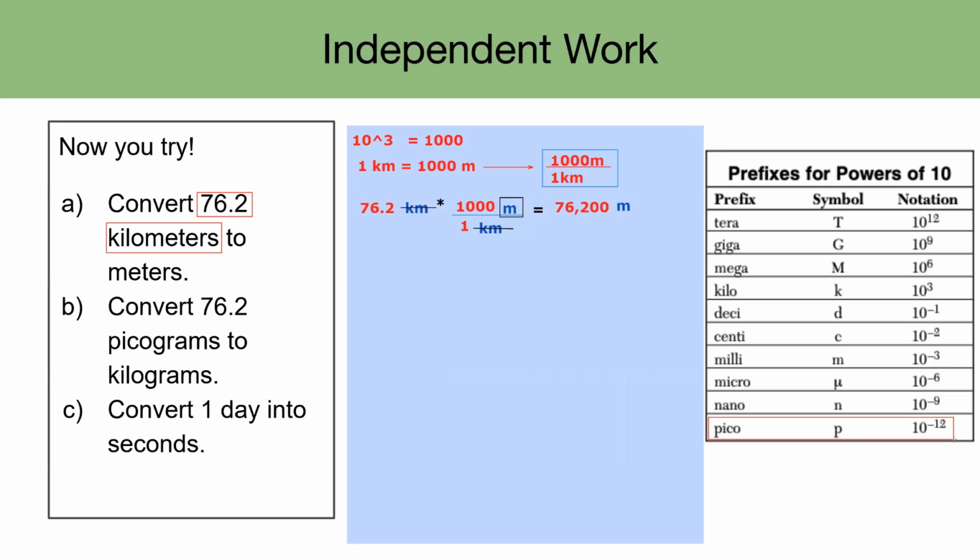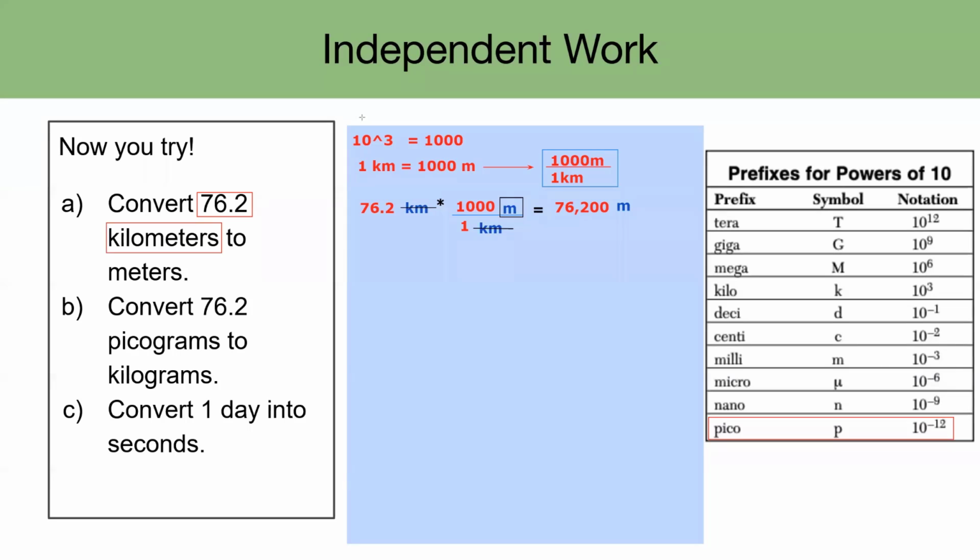So if we have 76 times 10 to the negative 12, we are then going to try to convert that into 10 to the third power. So we are more or less going to be changing our exponent here. We don't really have to touch the base as much. We just have to deal with the exponent.